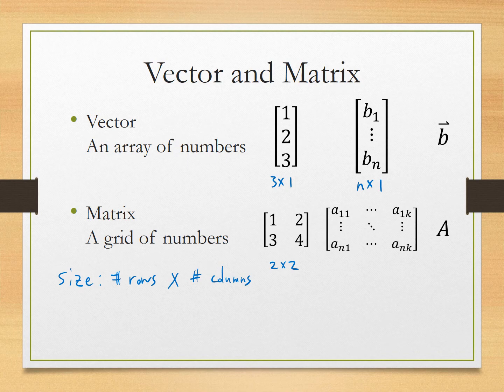So A11 down to An1 means there are n rows, and A11 across to A1k means there are k columns. So the size is n times k. That's how you describe the size of a matrix.